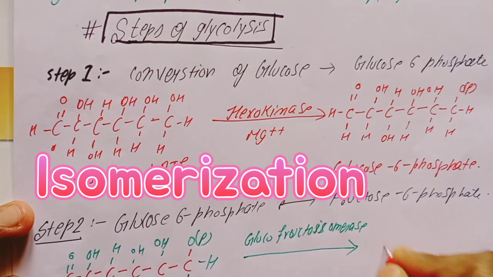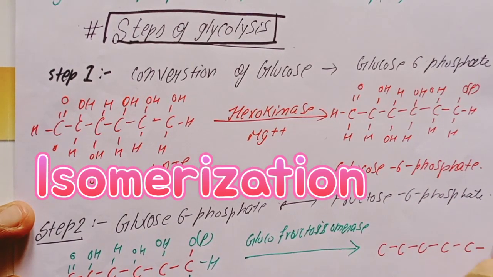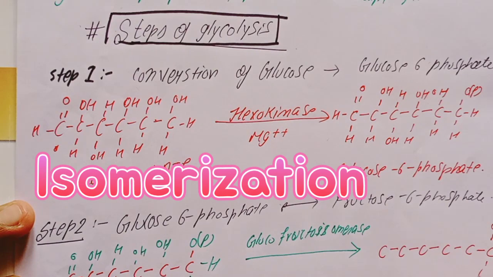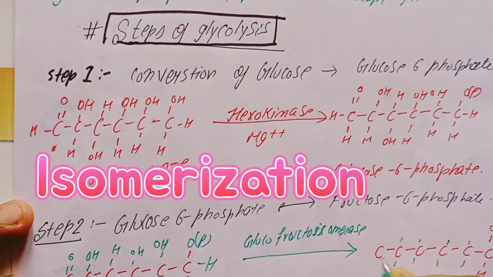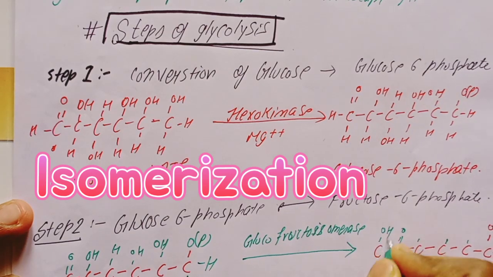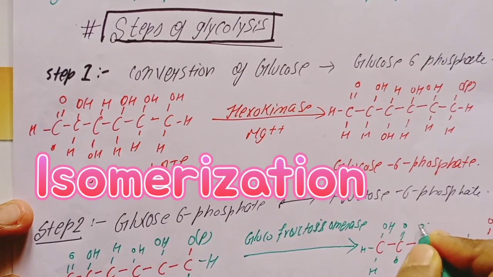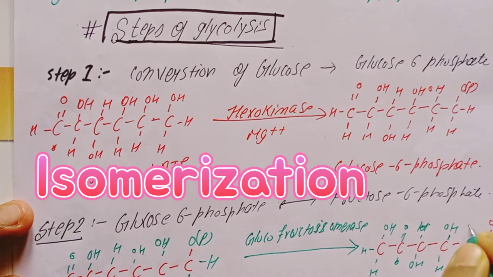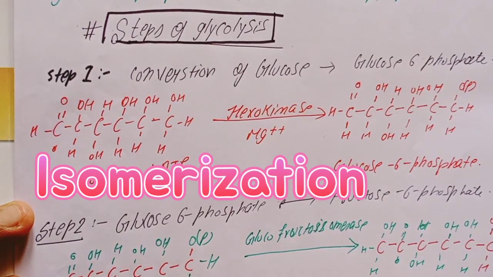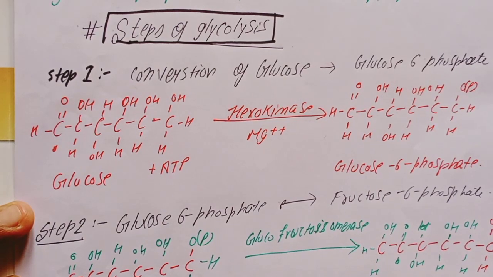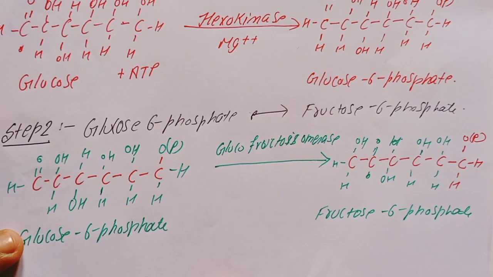Thus, the isomerization of glucose 6 phosphate to fructose 6 phosphate is a conversion of an aldose to a ketose. This step is catalyzed by the enzyme phosphoglucoisomerase, or it is also known as glucofructoisomerase.